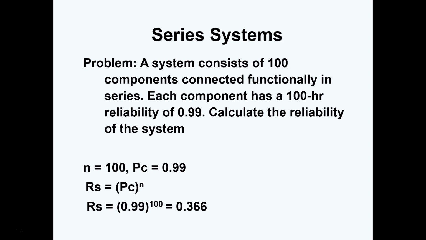Since n is equal to 100, and the reliability of a component is 99% or 0.99, then the reliability of the system will equal 0.99 to the power of 100, which is 0.366 after calculating that value.